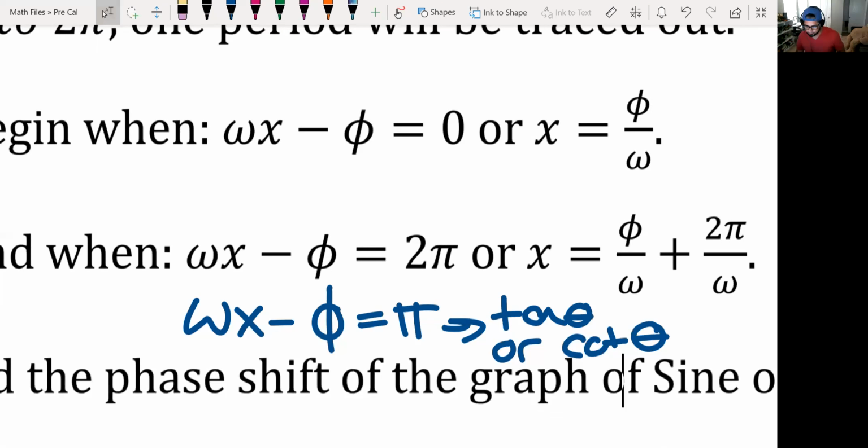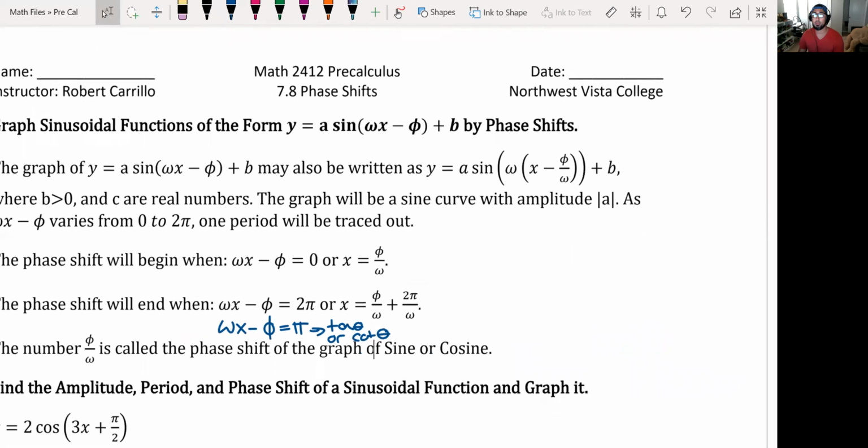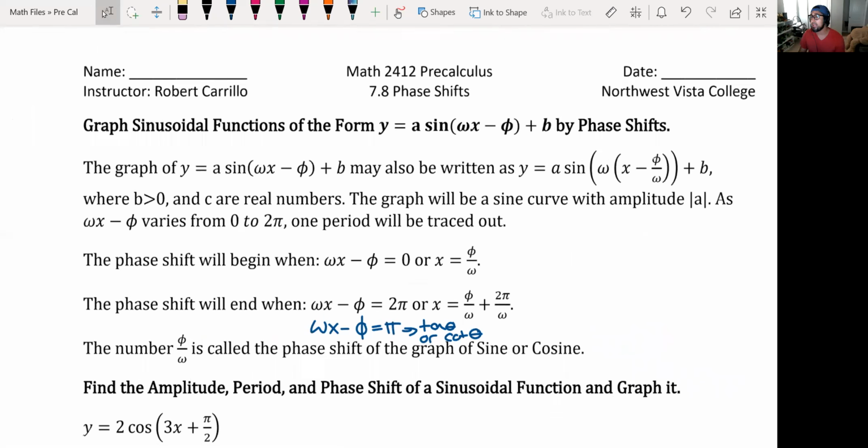Okay, so you'll set the phase shift equal to pi if you're dealing with tangent or cotangent. Remember that. Okay, and then you'll solve it for x. All right. The number phi over omega is called the phase shift of the graph of sine or cosine.